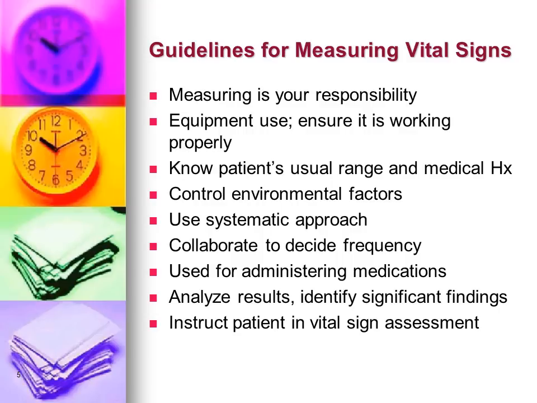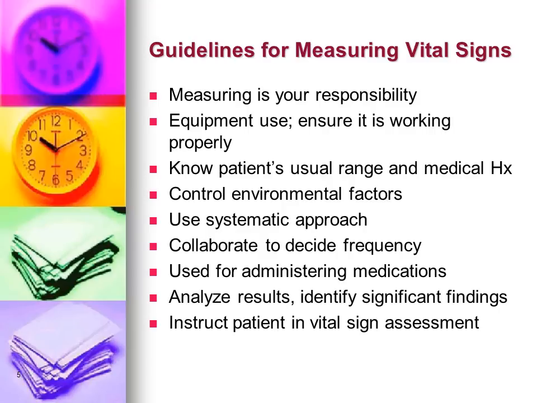Assess your equipment to ensure that it is working correctly and provides accurate findings. Select equipment on the basis of the patient's condition and characteristics. For instance, do not use an adult-sized blood pressure cuff on a child, and do not use a child blood pressure cuff on an adult. Know the patient's usual range of vital signs.